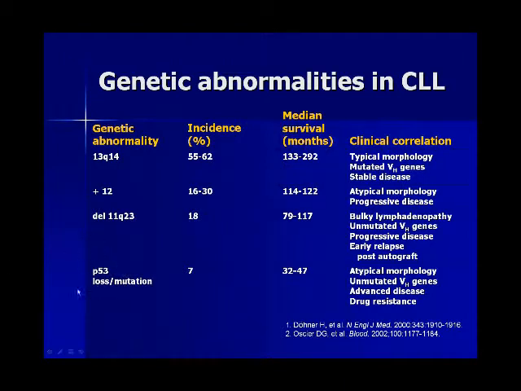So the presence of abnormalities in that gene area is associated with more aggressive leukemia in this situation. And you can see that the survival in people with this genetic abnormality on average is 3 to 4 years, so much different than this one where you've got survival of 10 years or more. So genetic analysis is very important, and it's, I'd say, performed routinely now in the majority of patients with CLL.